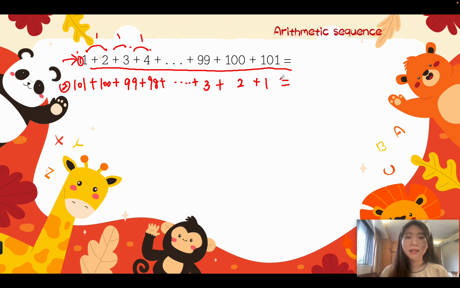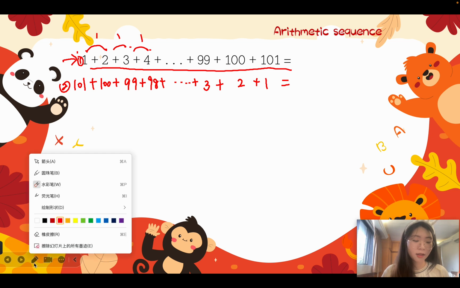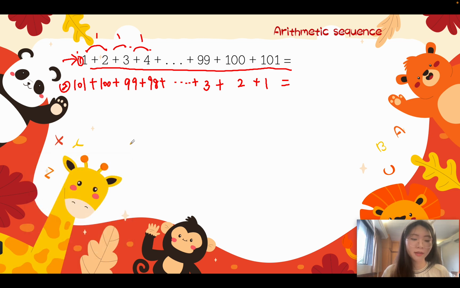Actually, the sums of the two sequences are the same, right? 两个等差数列，它的和是一样的。Okay, and this time you can also use the method of grouping. Group this part. The sum is 102.